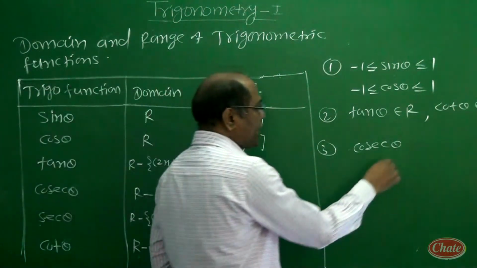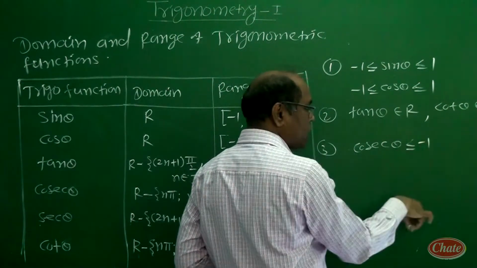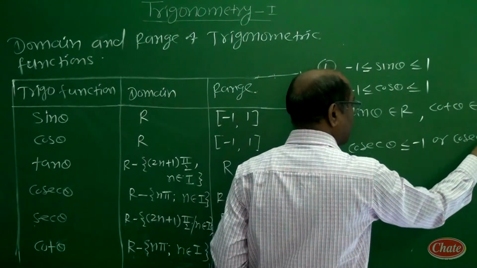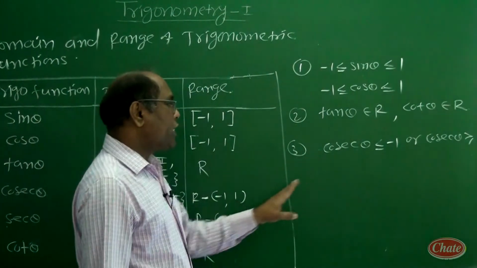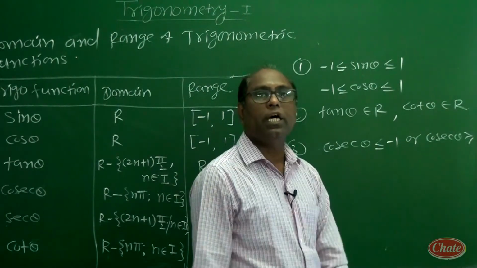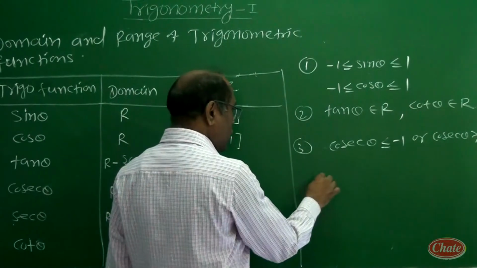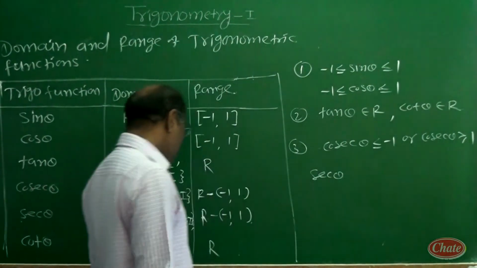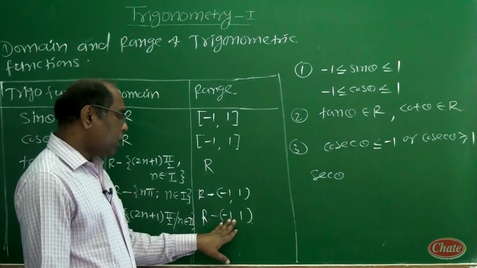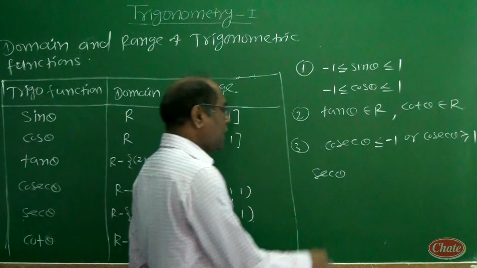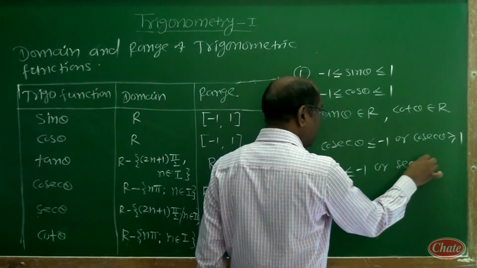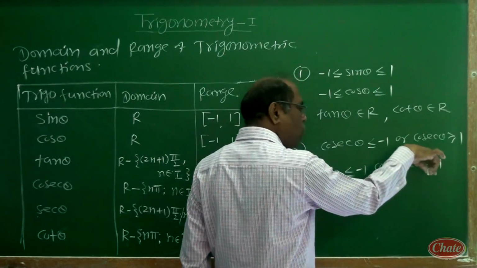So cosec theta is less than or equal to minus 1, or cosec theta is greater than or equal to 1. Similarly for sec theta. What is the range of sec theta? The range of sec theta is R minus the open interval minus 1 comma 1, meaning sec theta is less than or equal to minus 1 or sec theta is greater than or equal to 1.